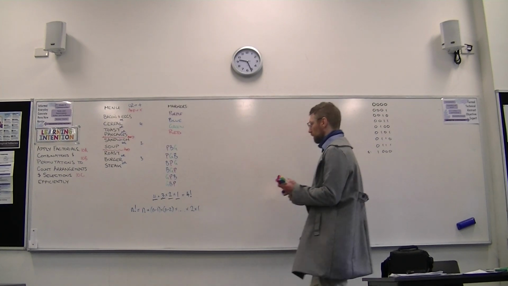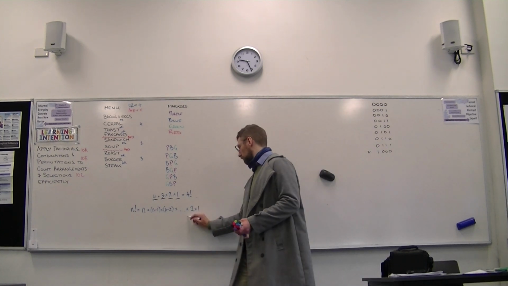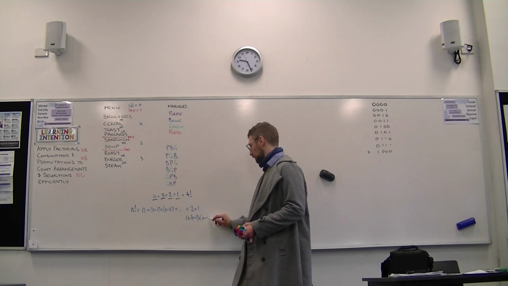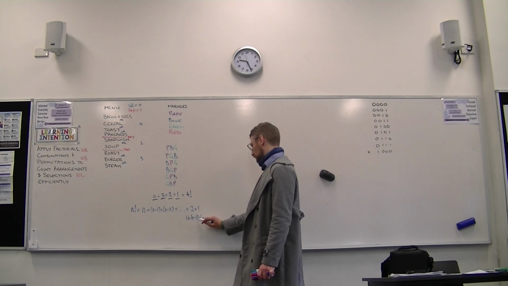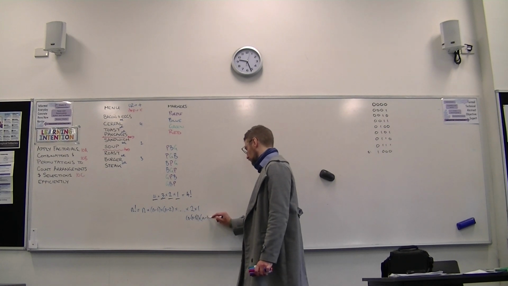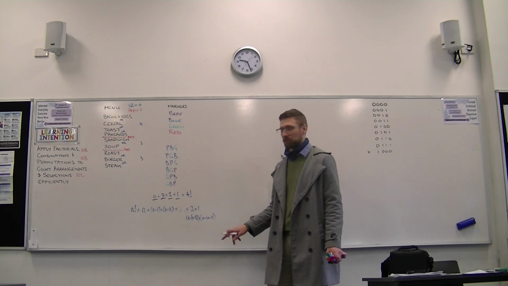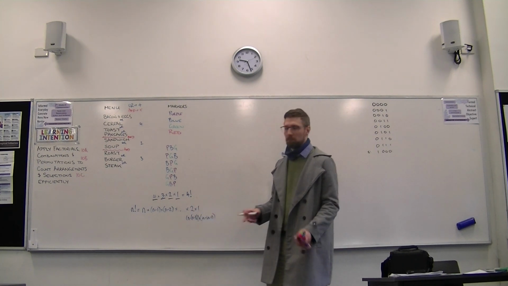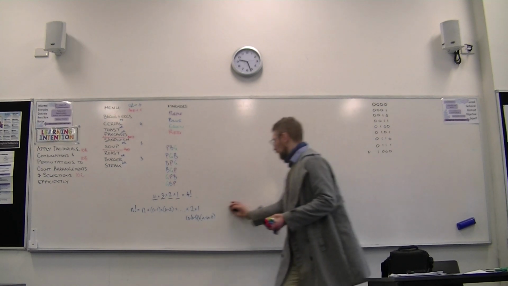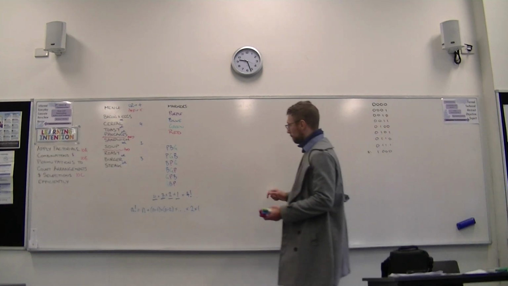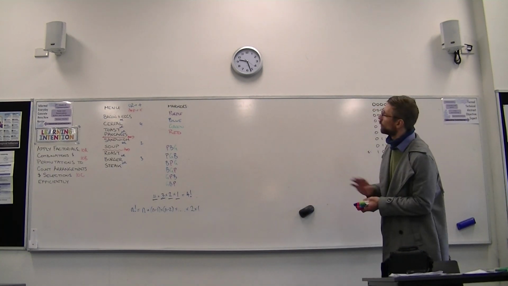If you wanted to, you could rewrite this as n minus 2 and then n minus 1, but that gets really ugly, so it's easier to simplify that and say that's 2, that's 1. So, that's factorials.